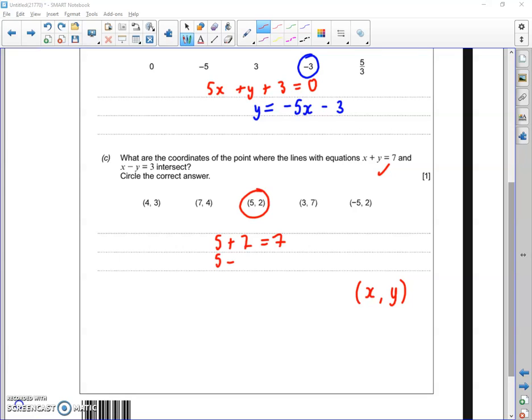And 5 take away 2 is 3, so that's that one satisfied. I've seen worse ones of those, and for 1 mark, it's not worth spending more than a couple of minutes on it. But all you've got to do is work out which coordinate works for both equations. I'll pause this video here, and we'll carry on with question 7 in the next video.